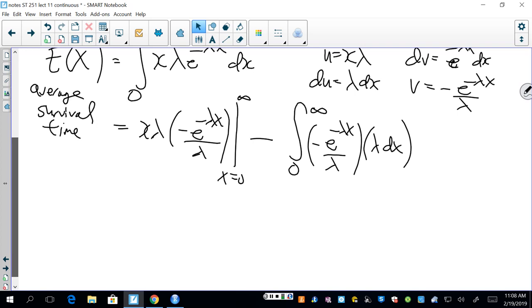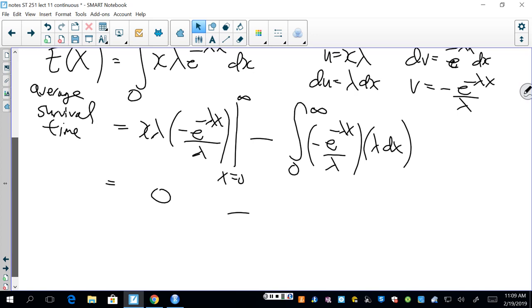This term is all 0, actually. Because at 0, there's a 0 here, so at the lower limit it's 0. The upper limit is 0 as well, because there's an x, which goes to infinity, but this one is like 1 over e to infinity, since the negative exponent is like 1 over e to the infinity.